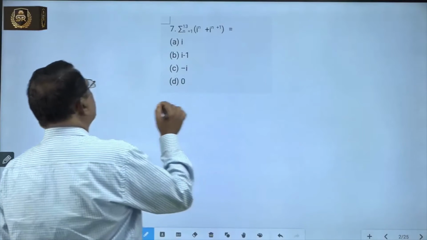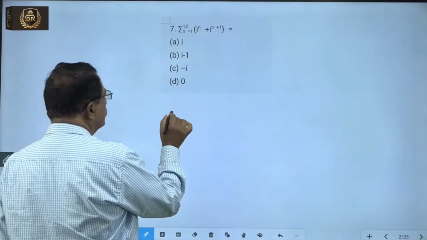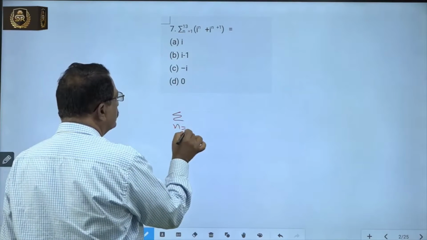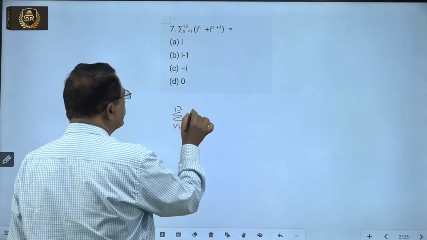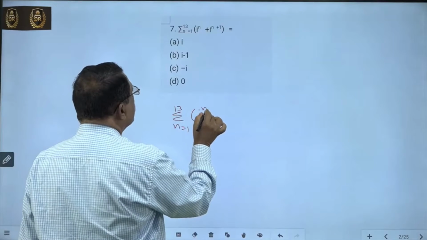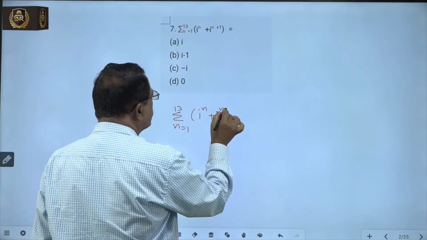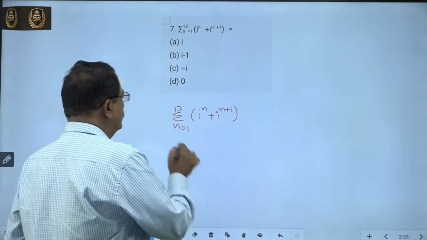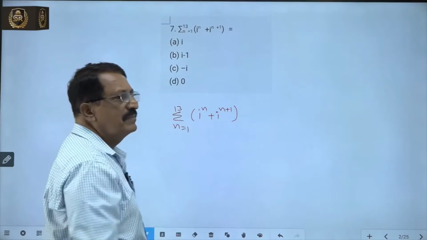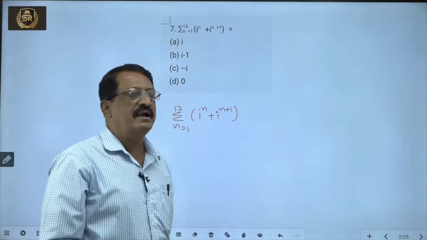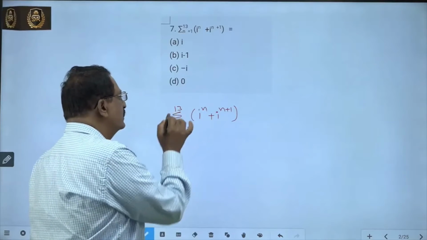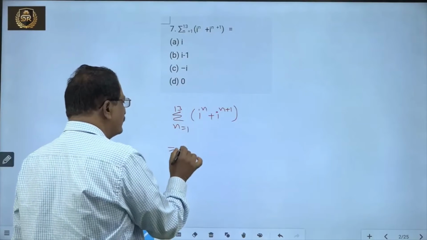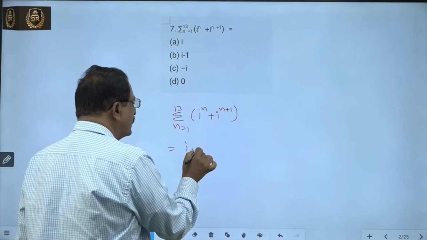Next, 7th problem. Sigma n equals 1 to 13, i to the power of n plus i to the power of n plus 1. Here sigma is nothing but the summation of the series, with values of n from 1 to 13. For the first term, n equals 1, substitute: i plus i square.